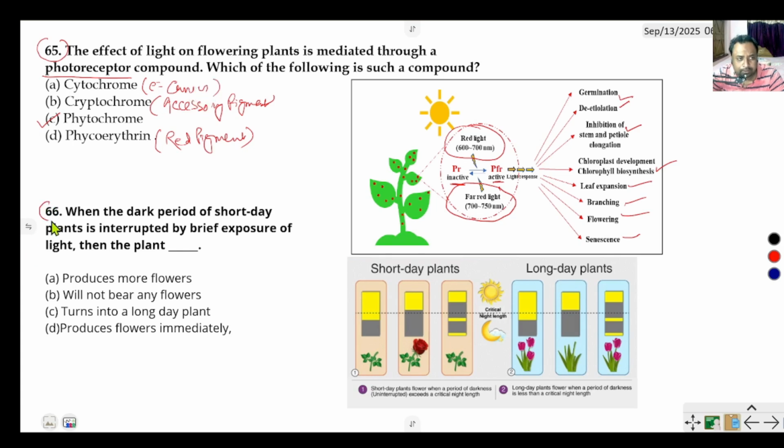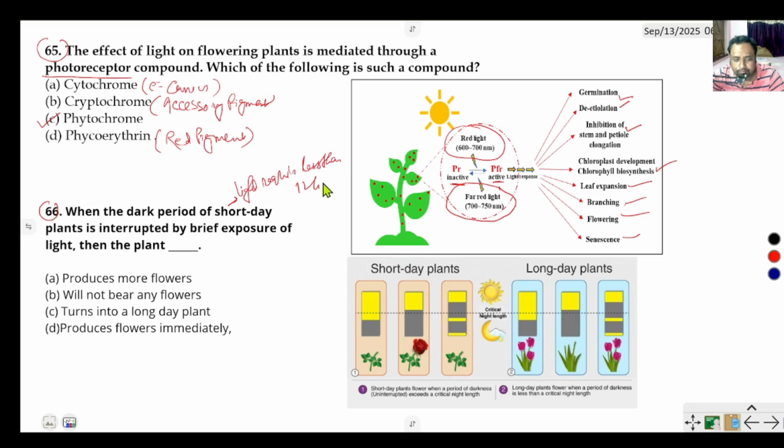Question number 65. When the dark period of short day plants is interrupted by a brief exposure of light, then the plant... Short day plant means light required is less than 12 hours.